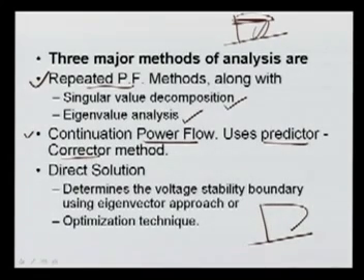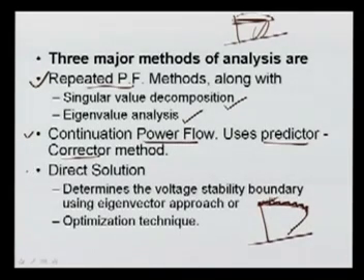We can go up to the nose point without any problem. In this method, we start from some initial guess, then predict, then correct, then predict, correct, predict, correct, and finally we converge here, and similarly we can go for the lower part. Here the vertical axis is the corrector step and the horizontal is the predictor step, and thus we can achieve the complete curve, the upper as well as the lower side. This is a very popular method for voltage stability analysis.